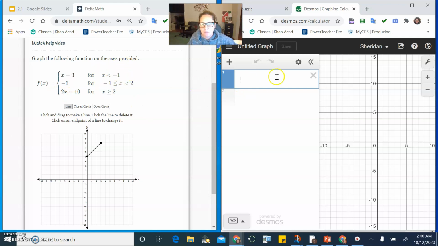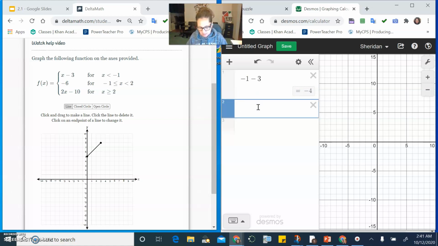the endpoint. So if I plug into this top one, x minus 3, I type in -1 minus 3, if I go ahead and substitute it, I know I'm starting at -4. So I've got a point at, I plugged in the number -1, and I got out -4. So I can start there, and I know my slope is 1.